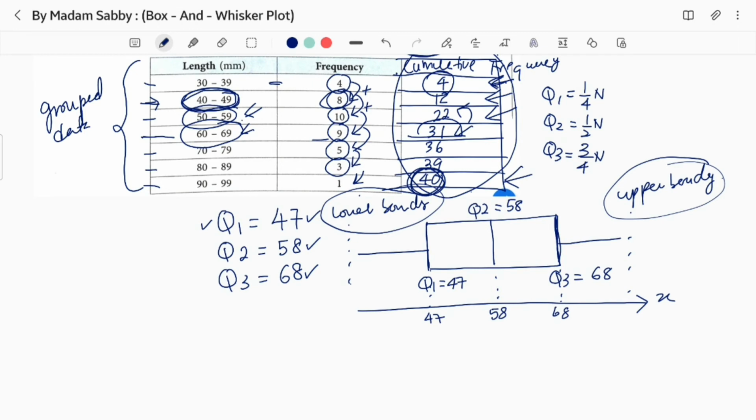The formula to calculate the lower boundary, let's draw and highlight it here.